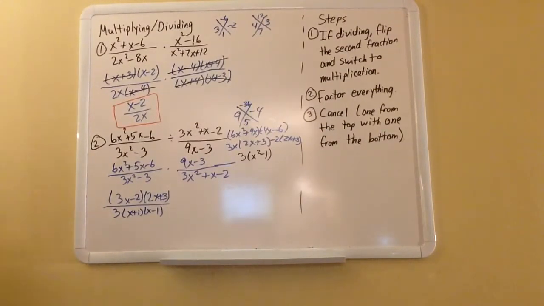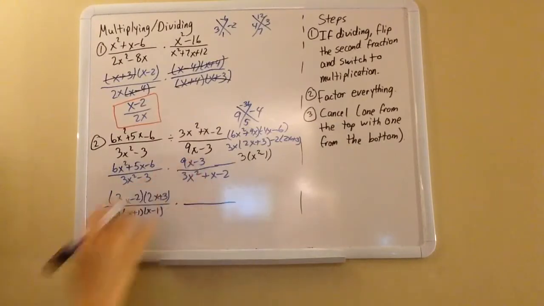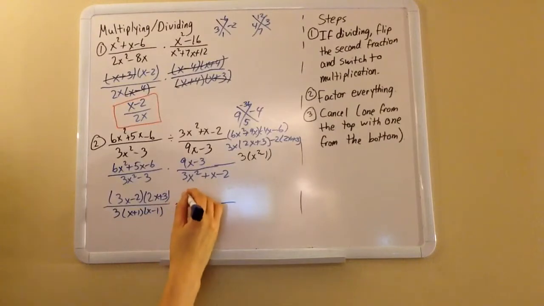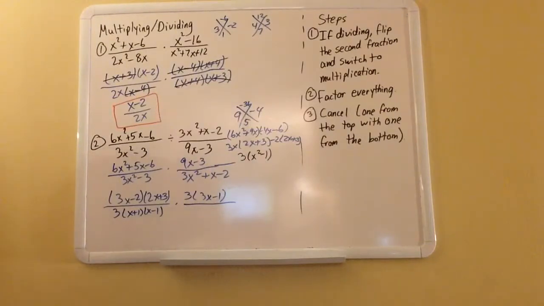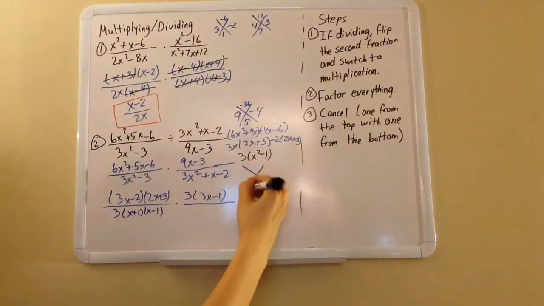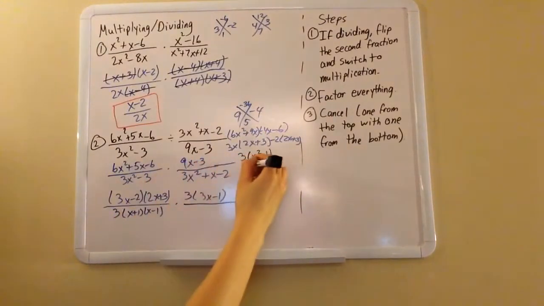So from here, I now work on the second two fractions. So on the top, I can see that they both have a 3 in common, so I'm going to take out a 3. I'm left with 3x minus 1. And in the denominator, again, I need to factor just like this one here. So I factor. On the top, I'm going to get negative 6.